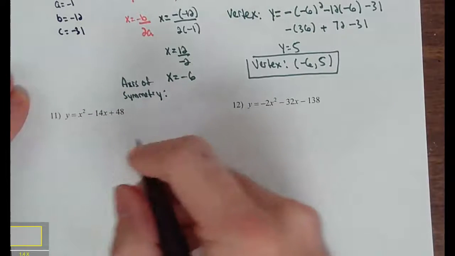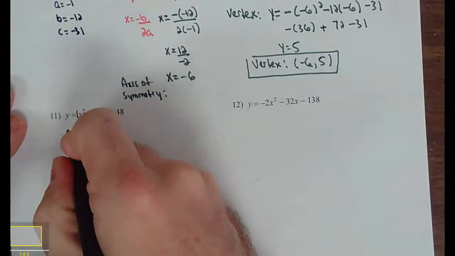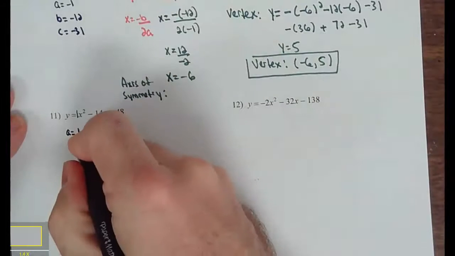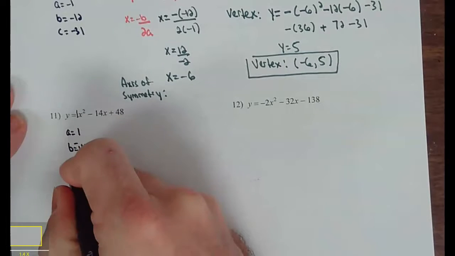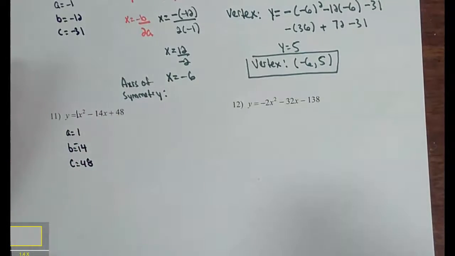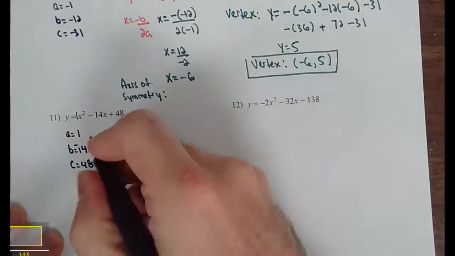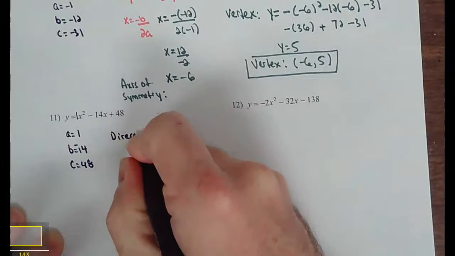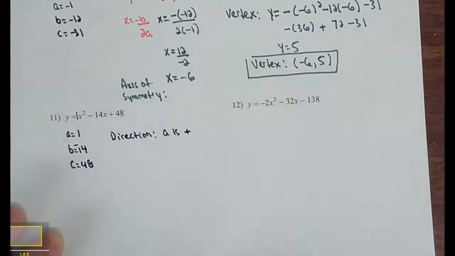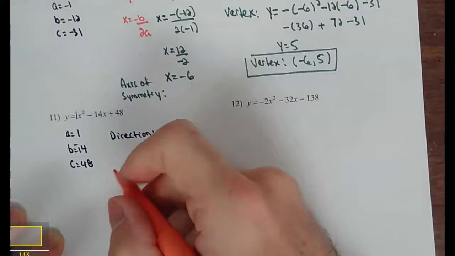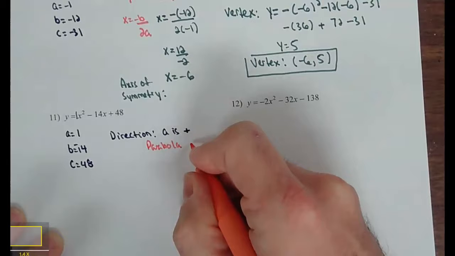Like we did before, we want to identify our a, b, c values. A is 1, because if there's no number in front of it, we say it's 1. B is negative 14, and c is 48. So we know what a, b, and c are, which means we know a couple of things. We know our direction: a is positive, so my parabola opens up.